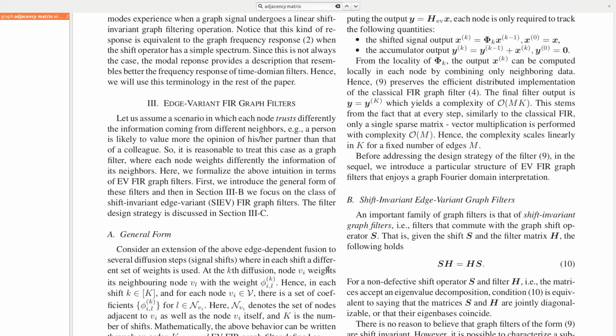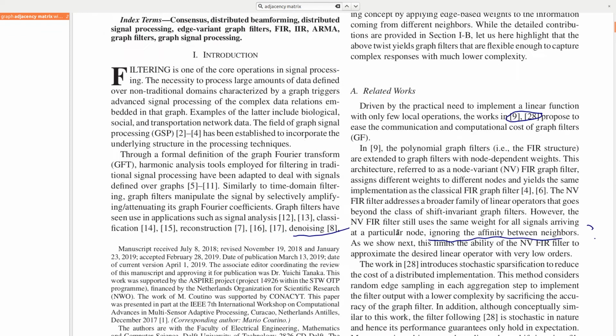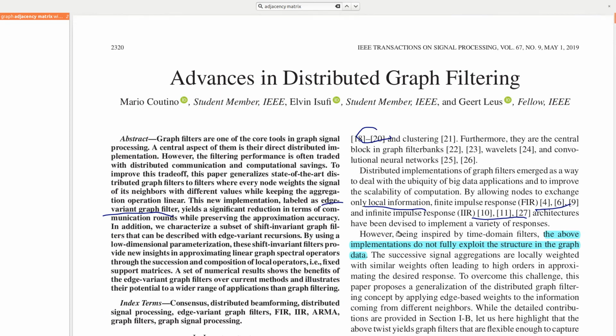The filter itself is nothing to be distributed, because if you just look at the matrix itself, you cannot say whether it's distributed or not. But if you are able to implement it as a cascade of local filters, or any other implementation that depends on just local filters, then we can claim that this is a distributed implementation.